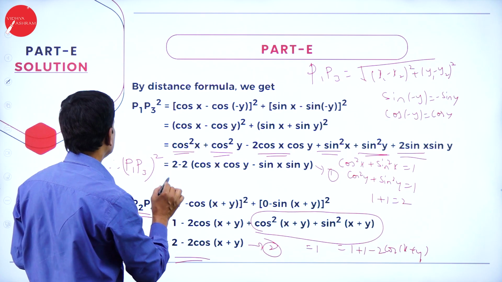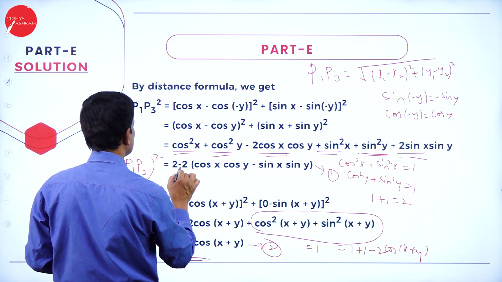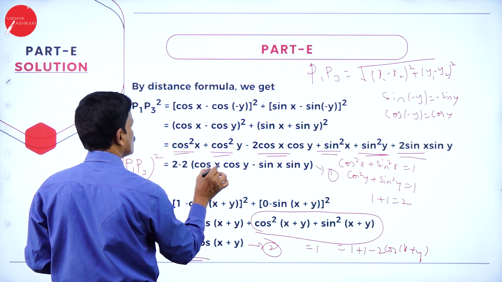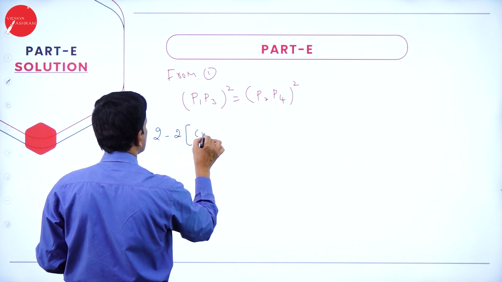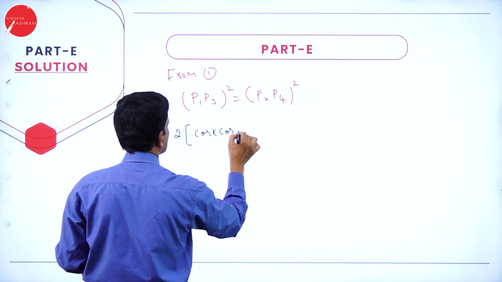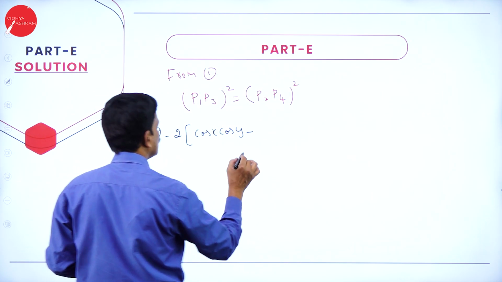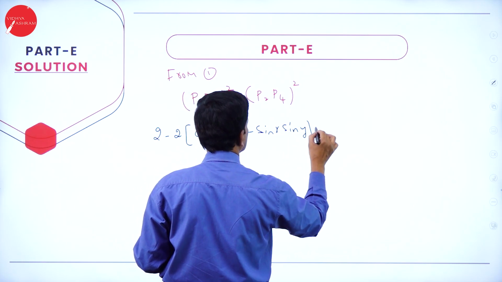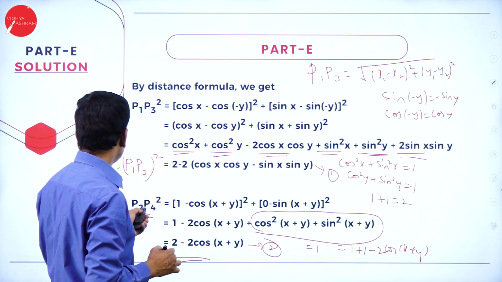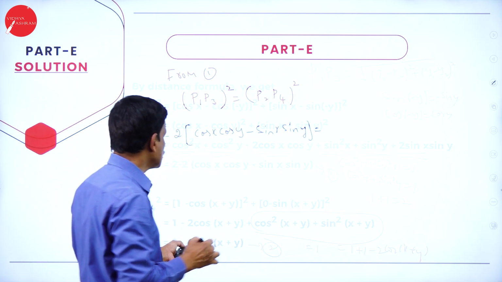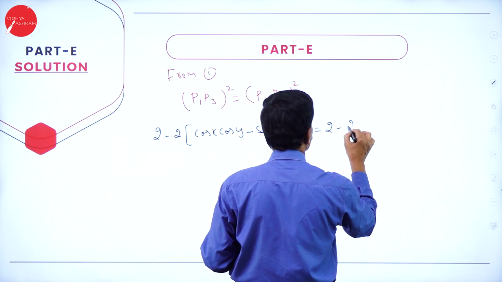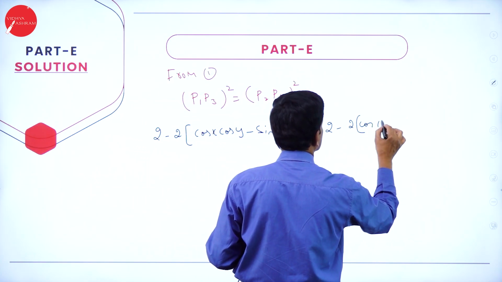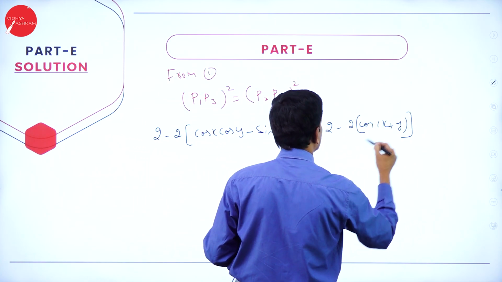Now what is equation number 1? P1P3 whole square is 2 minus 2 times (cos x cos y minus sin x sin y), which is equal to P2P4 whole square, 2 minus 2 times cos of (x plus y).